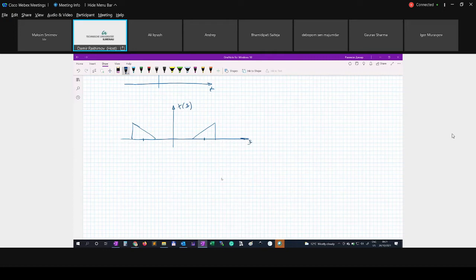In the frequency domain we have amplitude equal to X0, and then we have these triangles located at frequencies fc and minus fc, with frequency range equal to b.